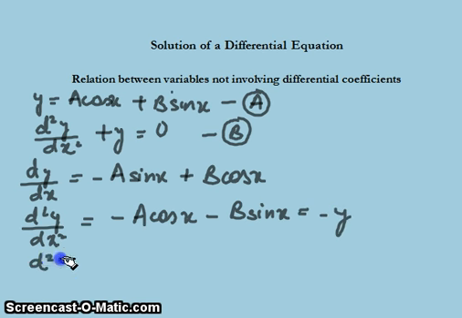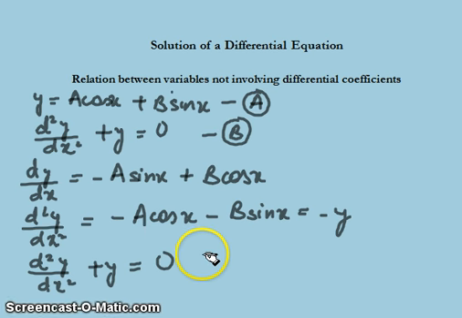This can be rewritten as d square y by dx square plus y equal to 0, which is the same as the differential equation labeled as equation number b. Thus we have proved that equation a, y equal to a cos x plus b sin x, is the solution to equation b, d square y by dx square plus y equal to 0.